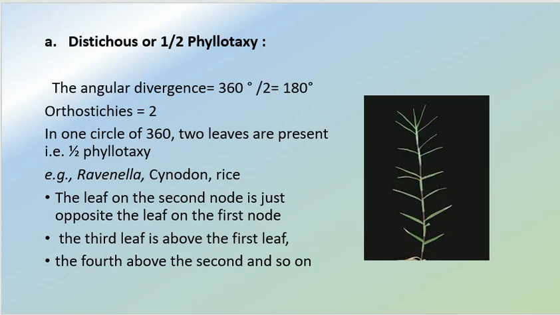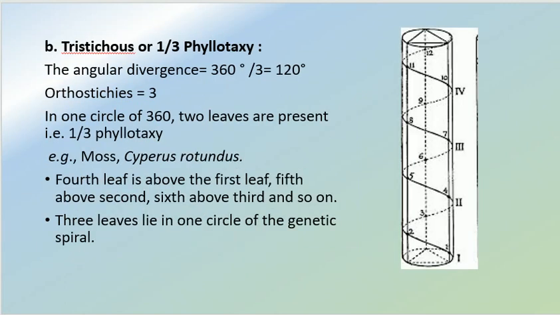Now we will study the next subtype, and that is the tristichous. In the tristichous phyllotaxy, one genetic spiral is having three leaves. So three leaves are included in the one genetic spiral, and that is why it is known as the tristichous, as the three rows of leaves are formed. This is the first row, second row and the third row.